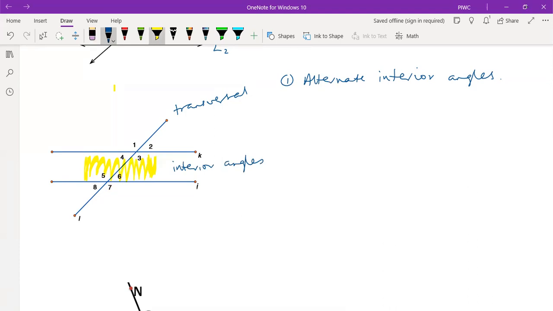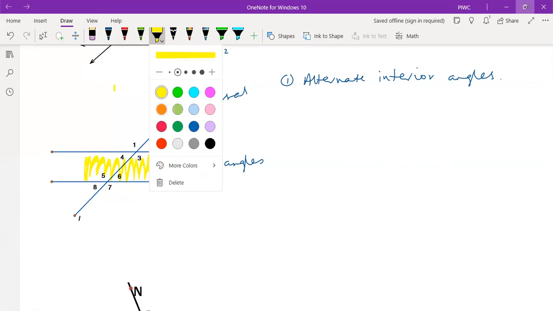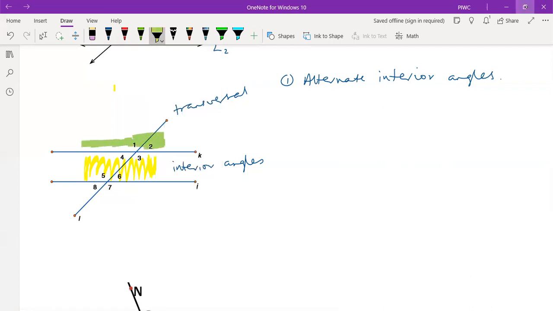And all angles outside, all those on the outside here, outside of the parallel lines, those are exterior angles.